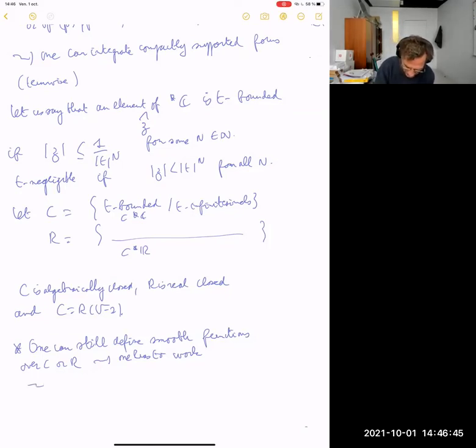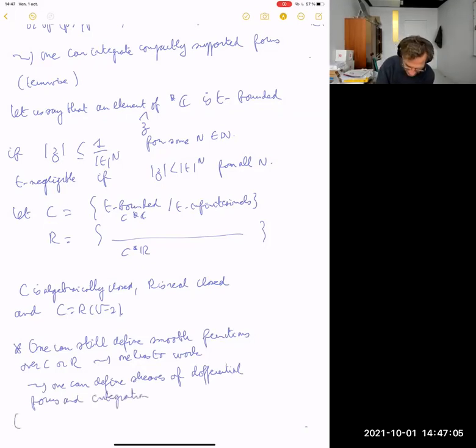And then one can define sheaves of differential forms, and integration.